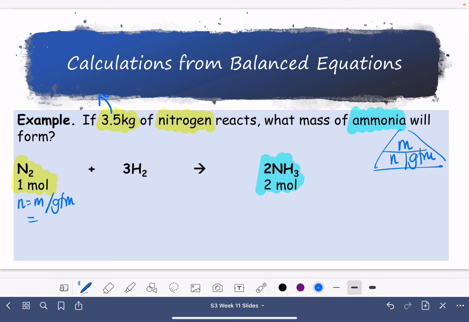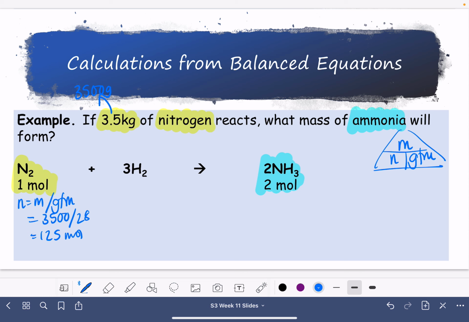Well, 1 kilogram would be 1,000, so 3.5 kilograms would be 3,500 grams. So 3,500 divided by, nitrogen is N2, remember, so it's 14 times 2, which is 28. So 3,500 divided by 28 is 125, and that answer is in moles.